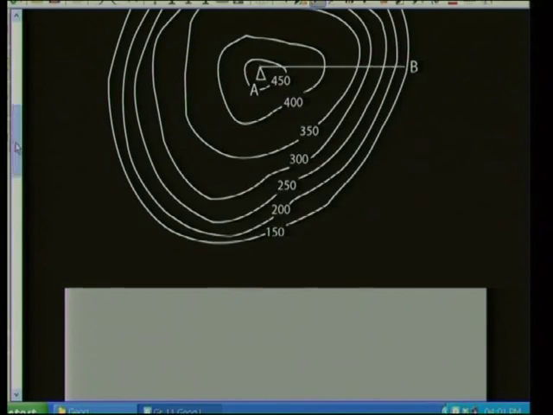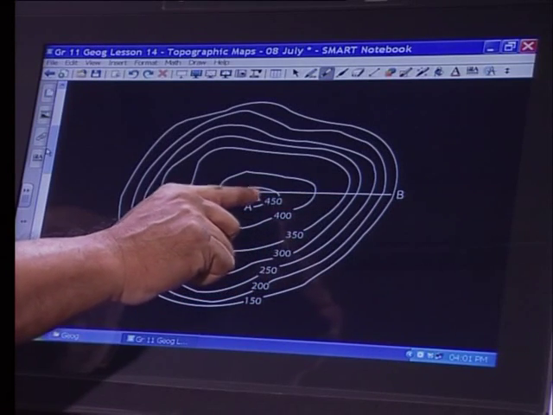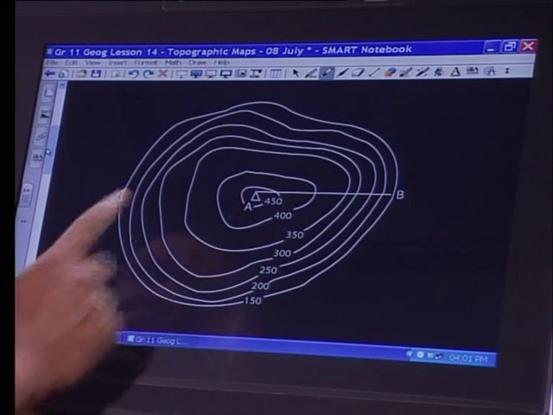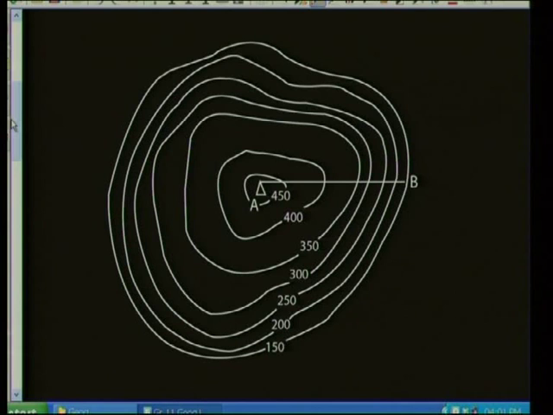Look at this one. You can see the height is increasing as we go towards the center. All right? This doesn't follow our contour intervals, by the way. Ours is 20, this is 50. But you can already visualize, guys, that it's going to go something like that, isn't it?